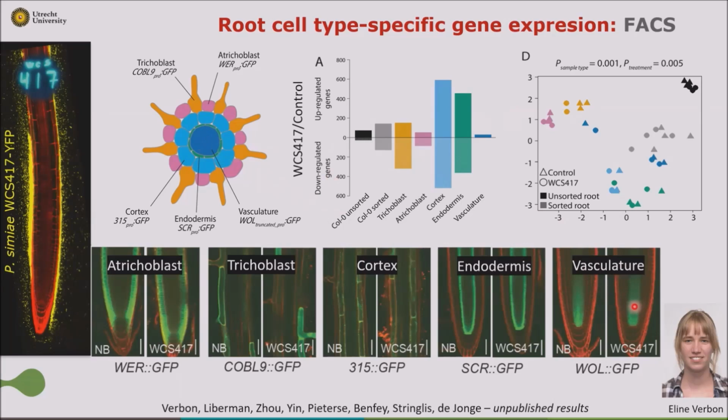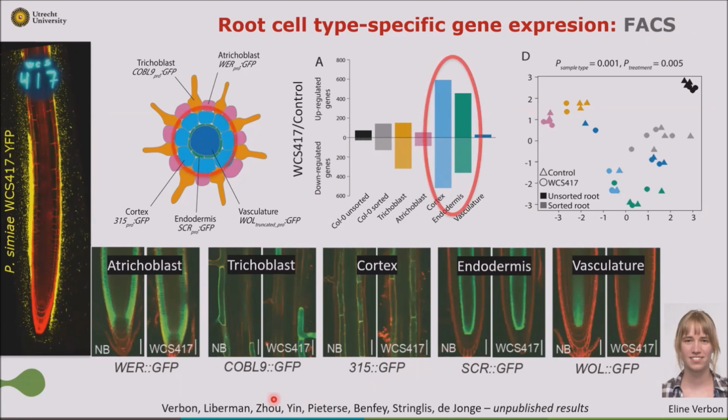So what you can then do is colonize those roots with WCS417 or not. After that, you make protoplasts of those roots, and you do cell sorting using a FACS, do RNA-seq, and then you can look at the expression of all the genes in that specific cell type.